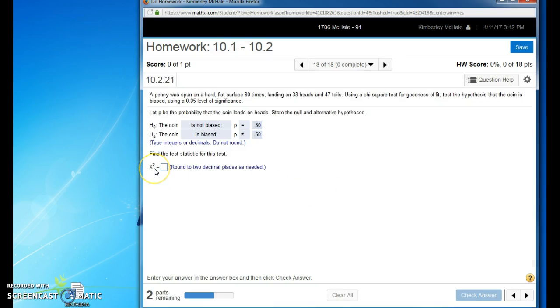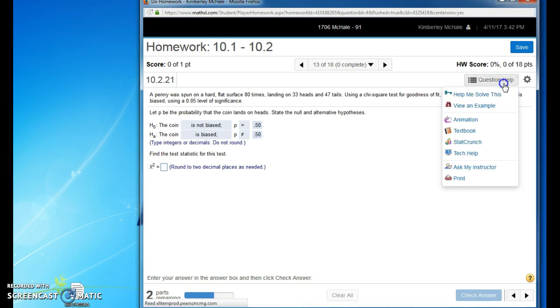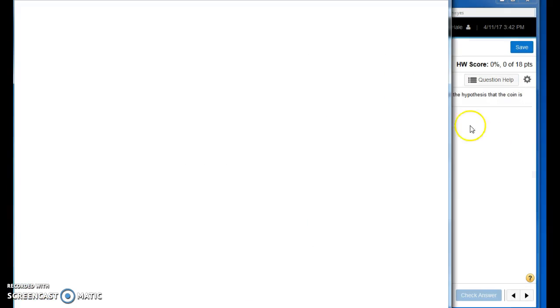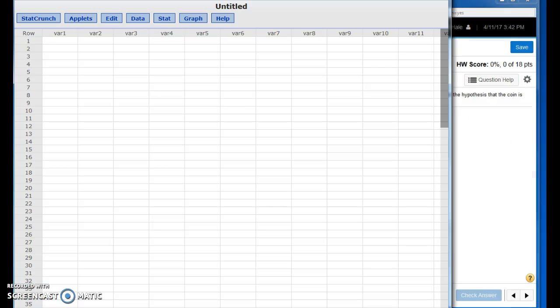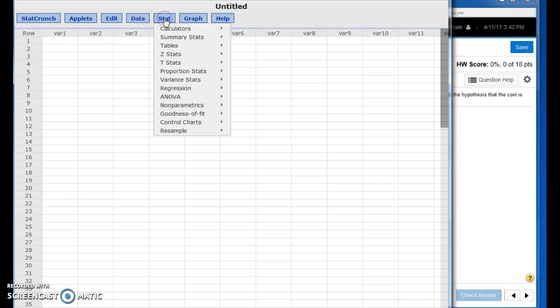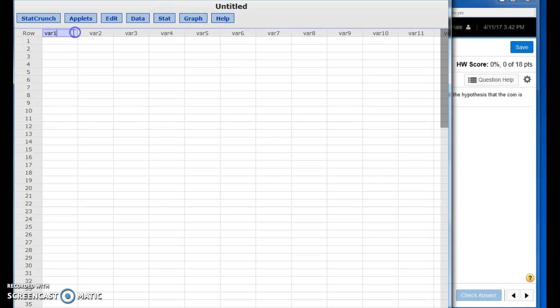Then I ask for my chi-square test statistic, so I'm going to open StatCrunch and go to Stat. Oh, I'm not able to use that test yet. I need to input my observed column and my expected column.